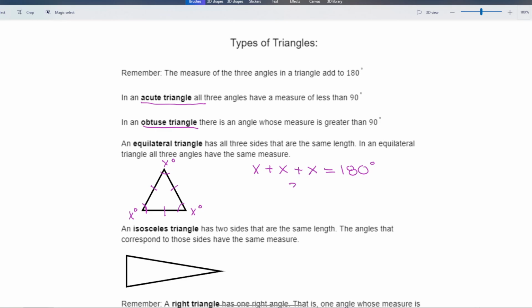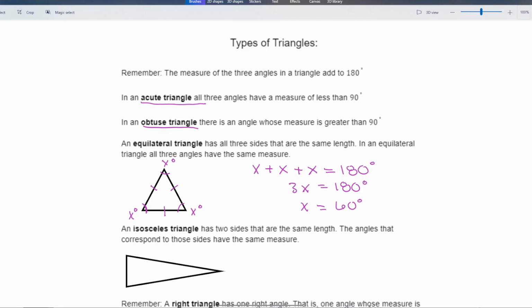So we have 3x equals 180 degrees. So x, the measure of each of those angles, is going to be 60 degrees. So in every equilateral triangle, we know that all three of the angles are 60 degrees.